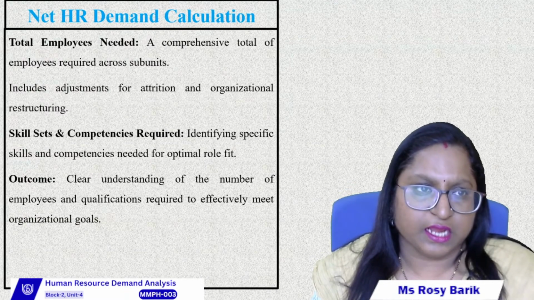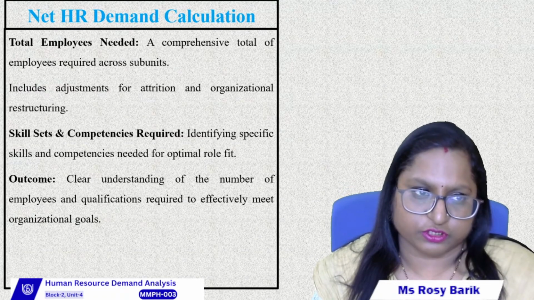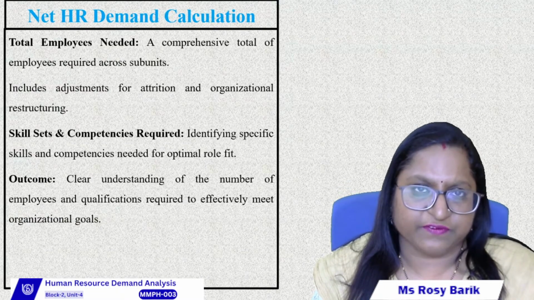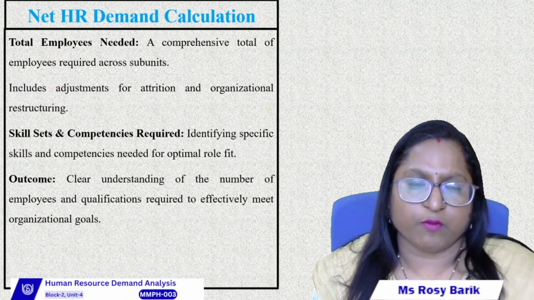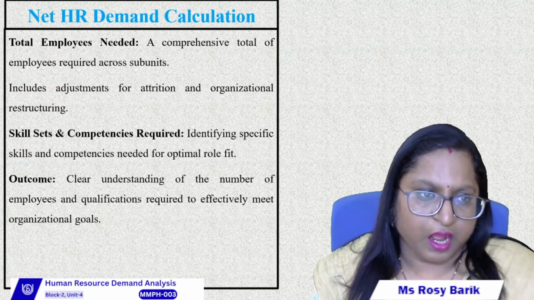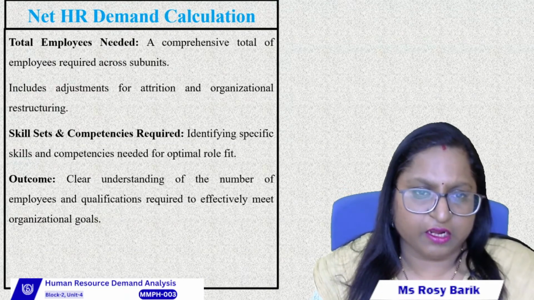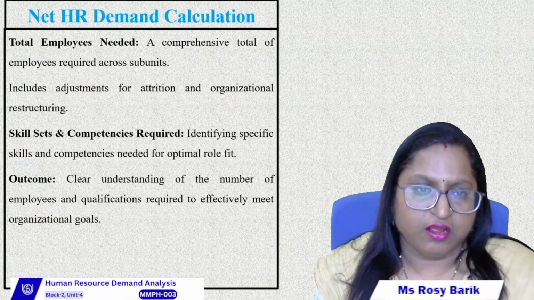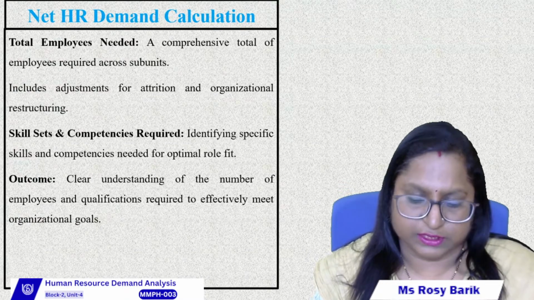It includes adjustment for attrition or organizational restructuring. The skill set and competencies required: identifying the specific skills or competencies needed for optimal role fit. Outcome: we can get a clear understanding of the number of employees and qualifications required to effectively meet the organizational goals.